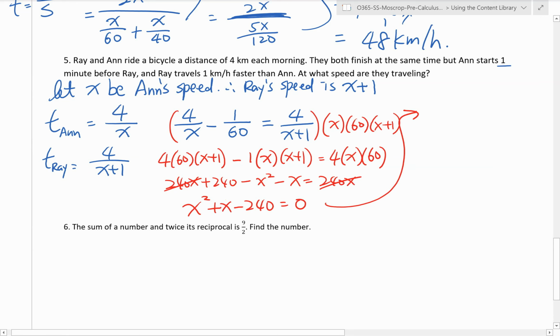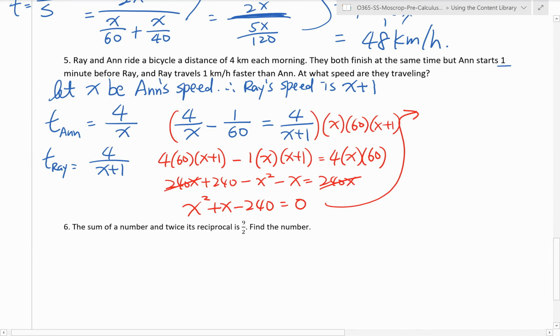This is definitely, is it factorable? It should be, or not. I thought it was. Okay, or did I make a mistake? I better check. I remember it was factorable. Okay, so let me see. 4 times 60 times x plus 1.